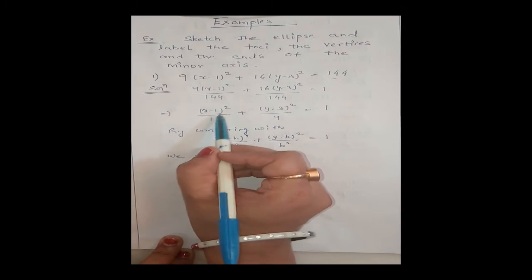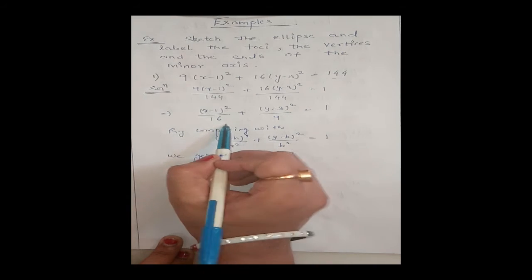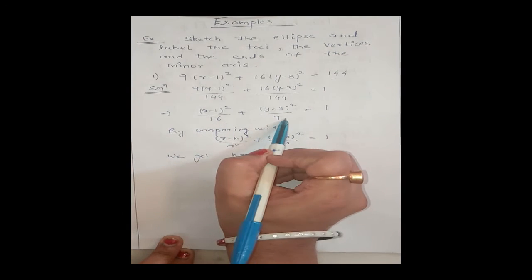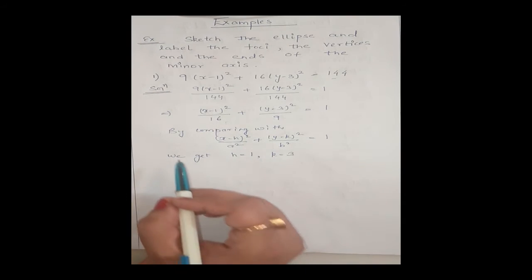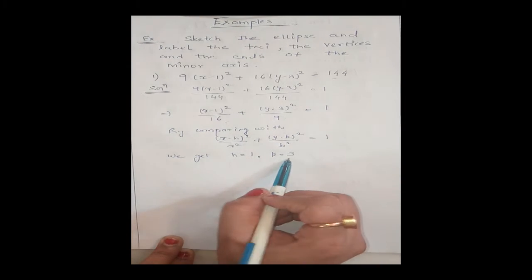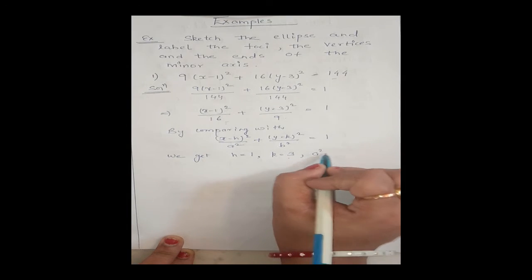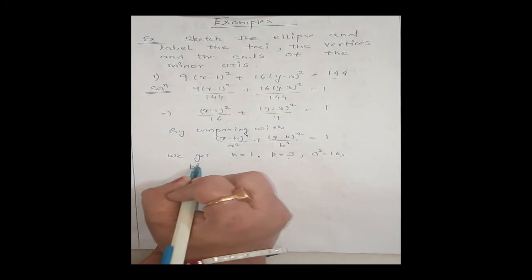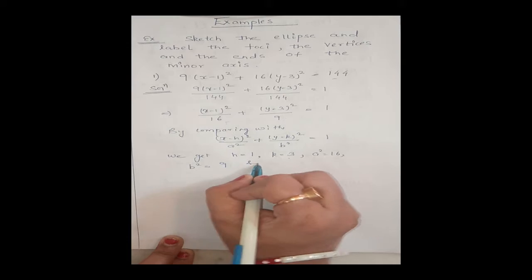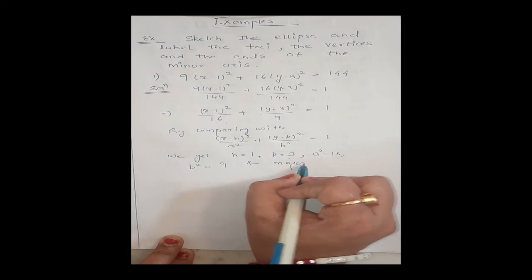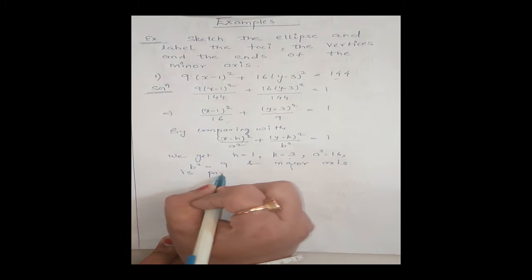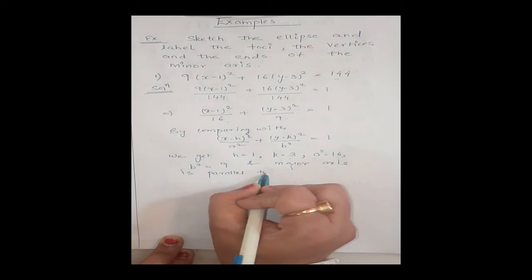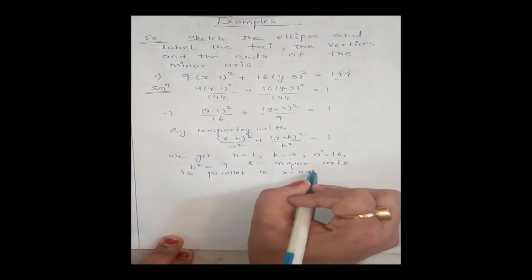Now, denominator of (x minus 1) whole square is more than denominator of (y minus 3) whole square. So, major axis will be parallel to x-axis. We get h is 1, k is 3, a square is 16, b square is 9, and major axis is parallel to x-axis.